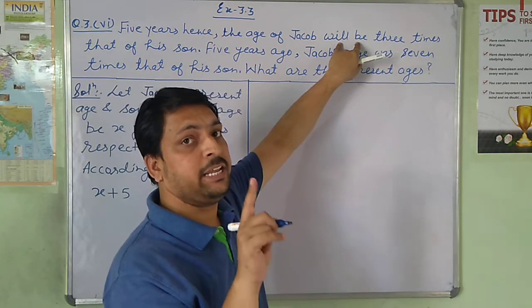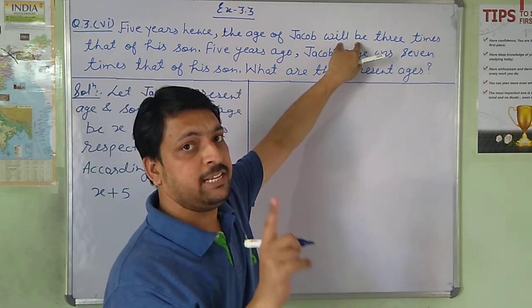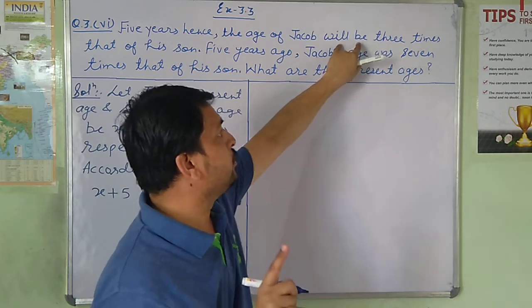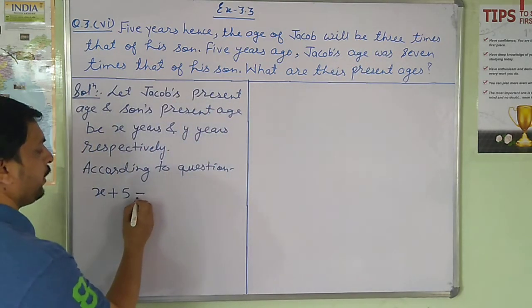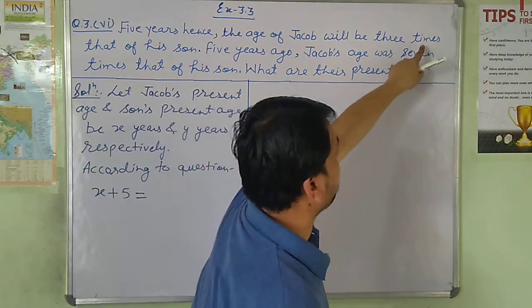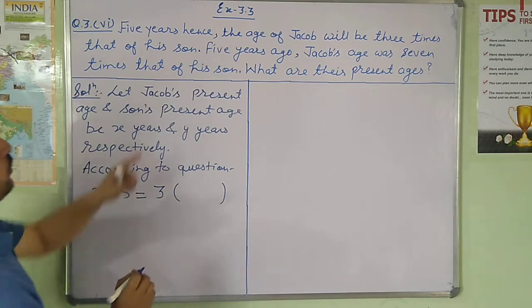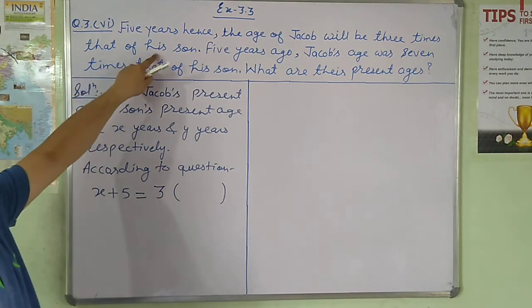Will, shall be, is, are and was, were will represent equal symbol in equation. So will be, that means equal. 3 times means 3 multiply. 3 times that of his son.